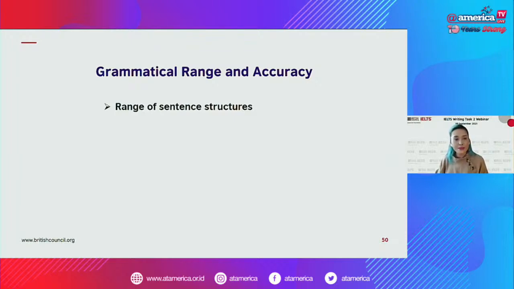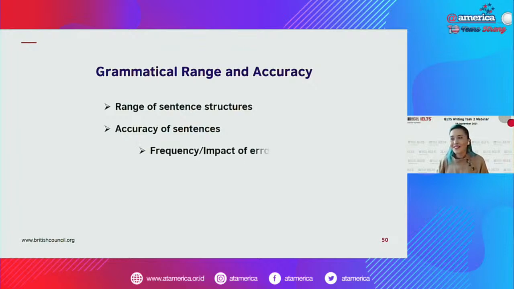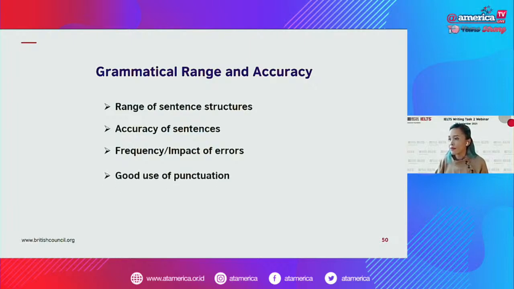Your ability to use past simple, perfect tenses, past perfect, different ways of talking about the future, making comparisons, different ways to speculate, different ways to affirm or to strengthen, and then whether your sentences are accurate: subject verb agreement, singular plural nouns. Also relates to the frequency or impact of errors on the reader.